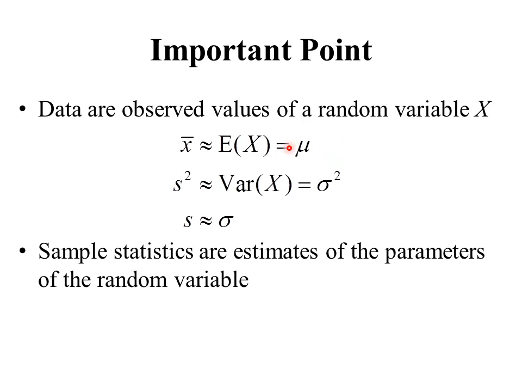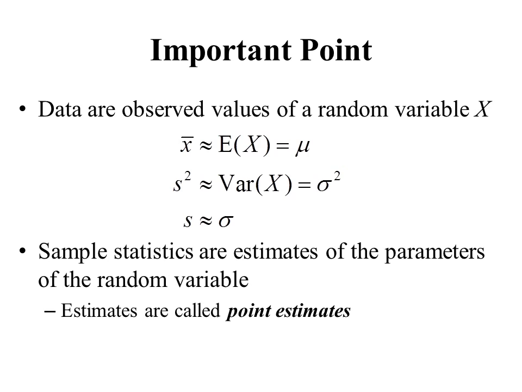Remember, these numbers mu and sigma squared are what we called the parameters of the random variable. These numbers over here are sample statistics. What we're saying here is that each sample statistic is an approximation of the corresponding parameter of the random variable. Now these estimates are also what we call point estimates, meaning they're one number estimates of those parameters.